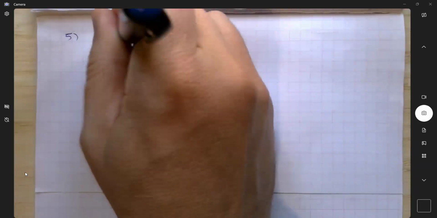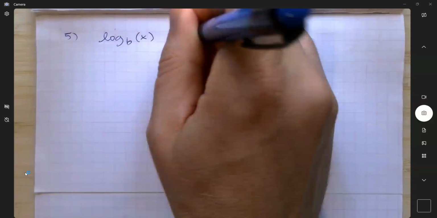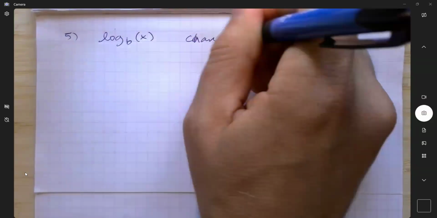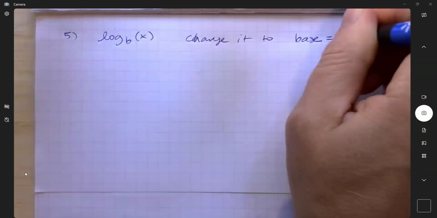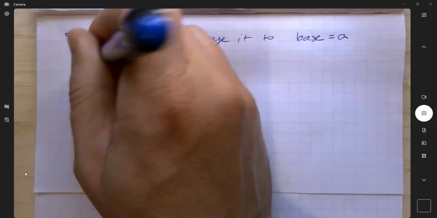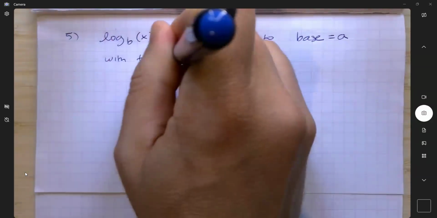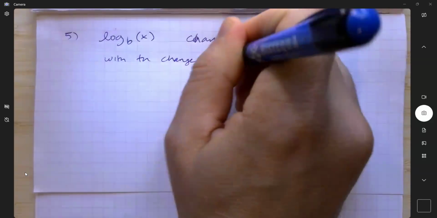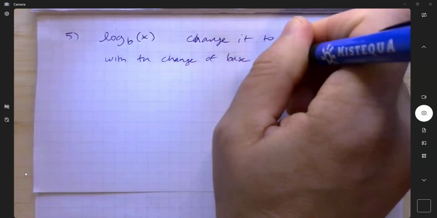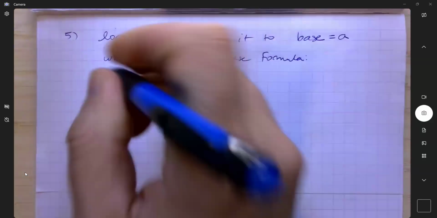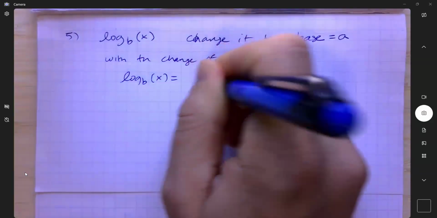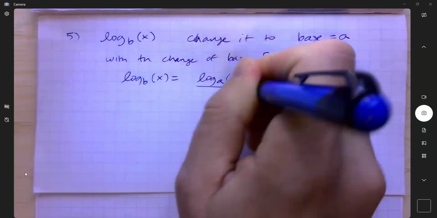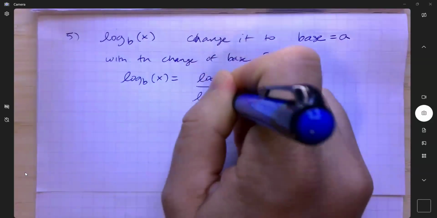And that rule is, if I want the log base b of x, I can change it to a different base, let's say base a, with the change of base formula. Log base b of x is log base a of x over log base a of b.